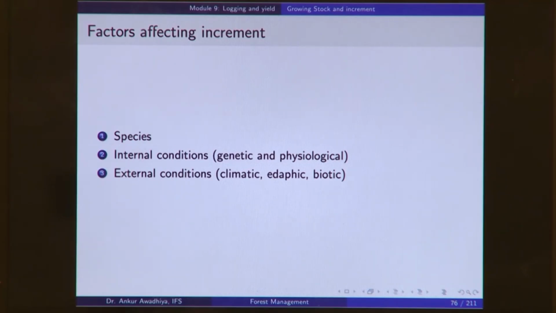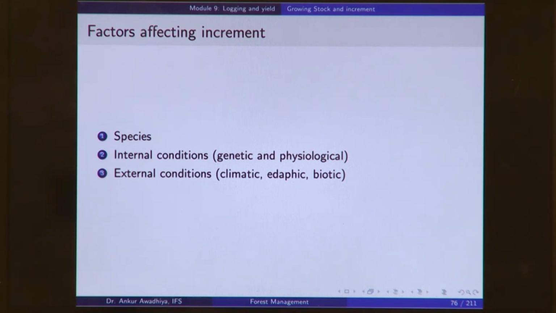Also, there is a physiological composition involved. So, it will depend on the age of the plants. If the plants are young or in a growing phase, then they will show a faster increment. If the plants are old, then their physiological state determines that the rate of increment will be lesser.